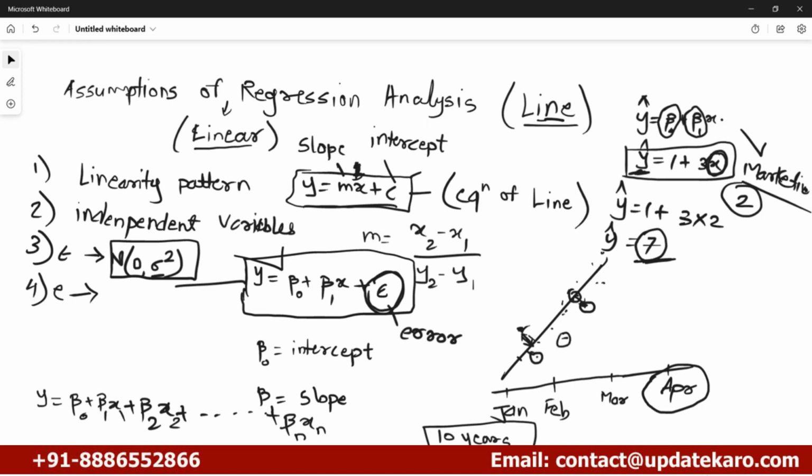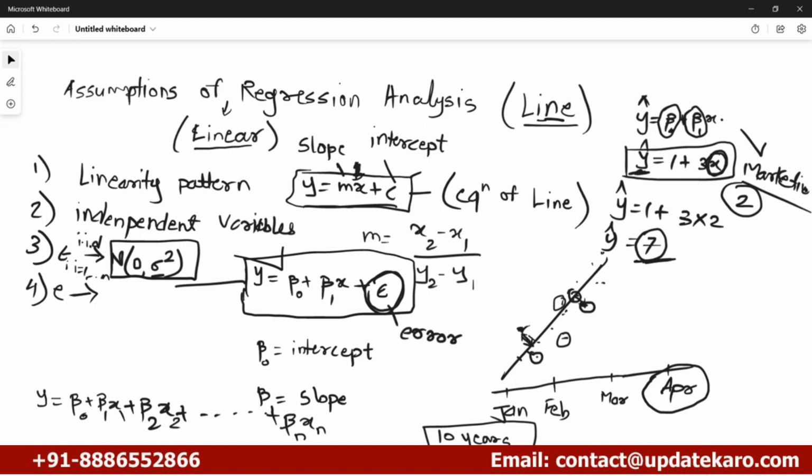So this error is not just a single error, there are epsilon i from 1 to n. If there are n data points, that's why i from 1 to n. So you will find that these are IID random variables.